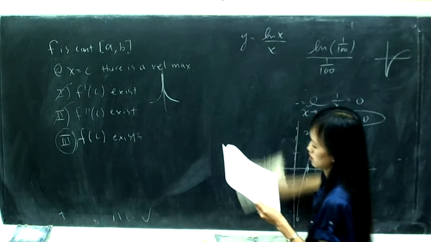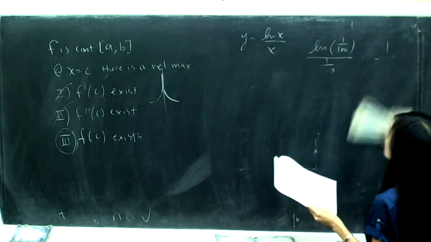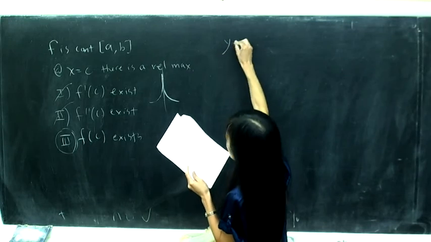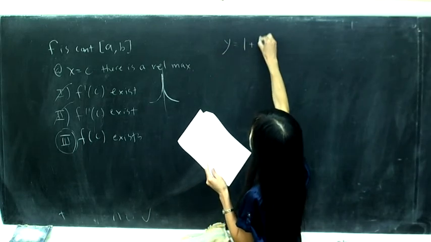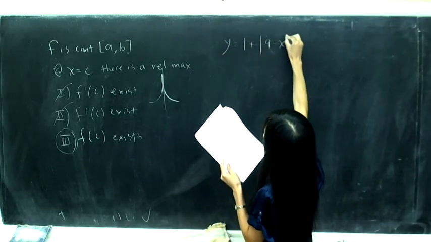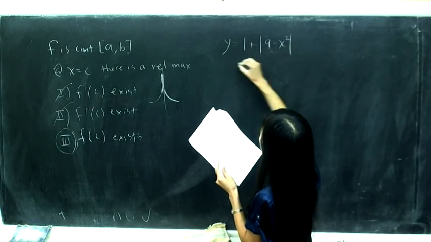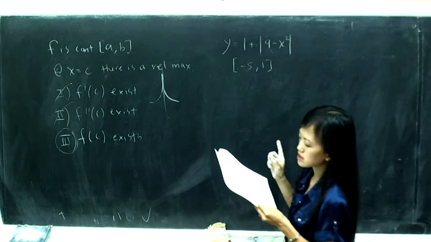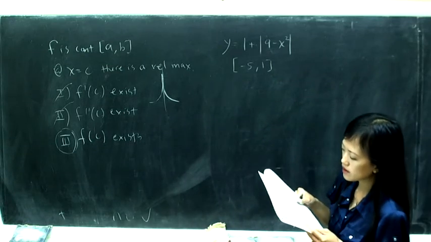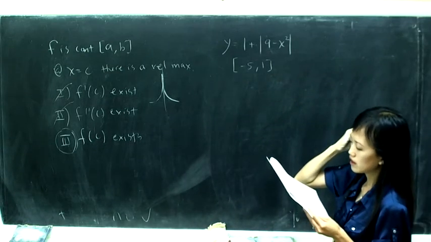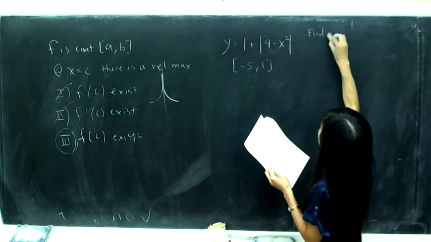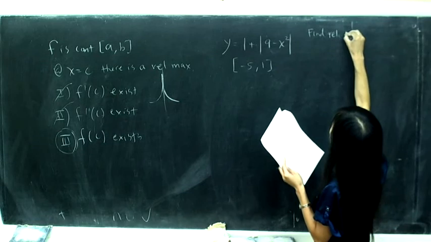Okay, let's do one that's an absolute value case. Then you have to break it up. So if it's y equals 1 plus the absolute value of 9 minus x squared, from negative 5 to 1, let's find the relative extrema, meaning find the relative max and min.